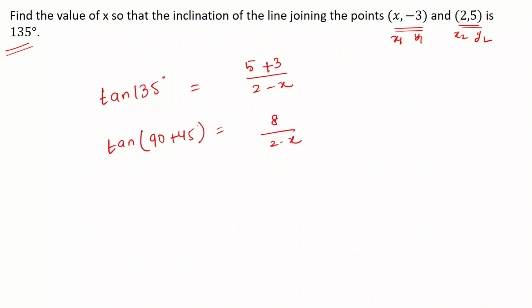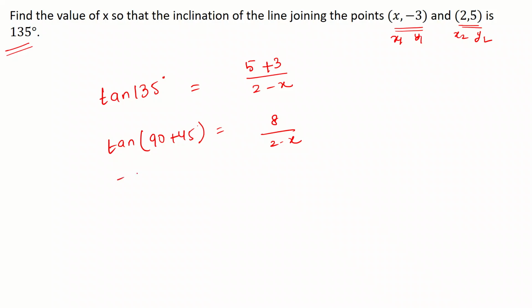If you're not understanding how I'm calculating the values of tan 90 plus 45 and tan 135, I would recommend you see my entire series on trigonometry, because it covers everything you need to know for understanding your class 11th mathematics trigonometry. So please go ahead and watch it so that you have a clear understanding of what we are doing here.